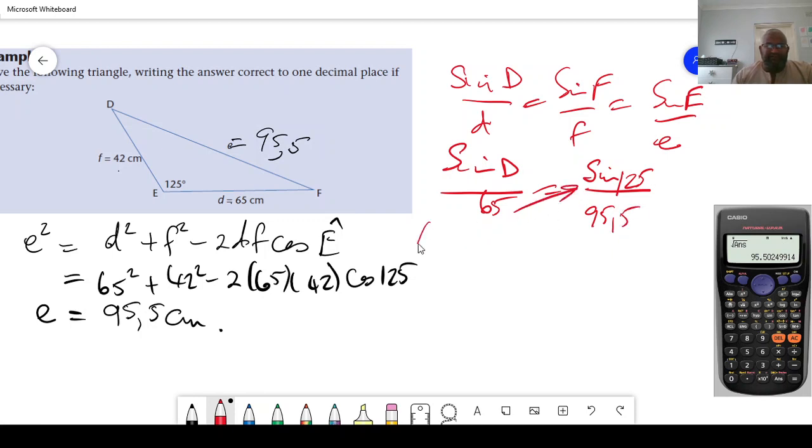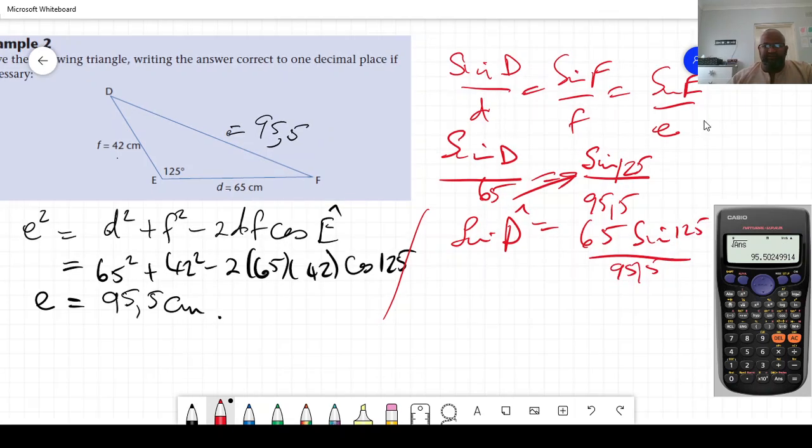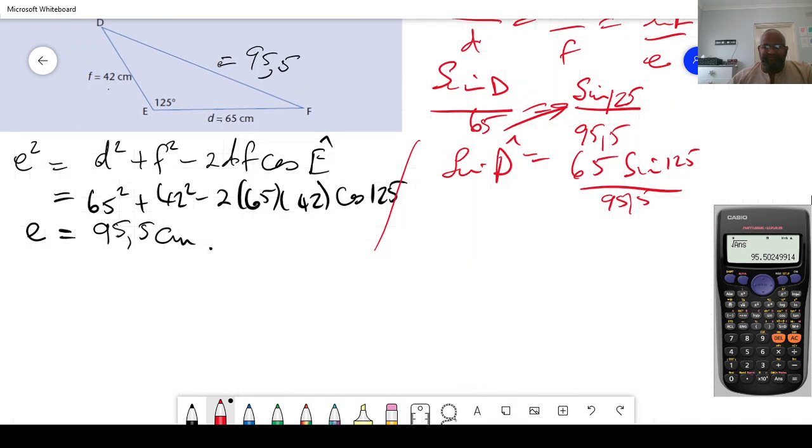To isolate sine of angle D, I take 65 up, so it's 65 sine 125 over 95.5. Okay, let's plug it in a calculator.